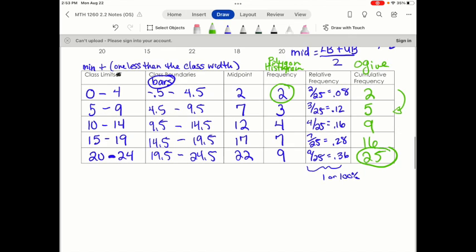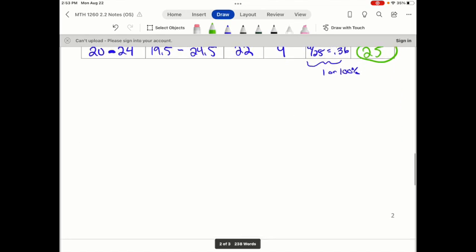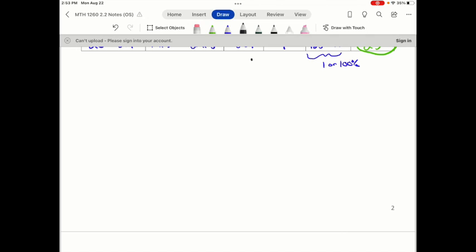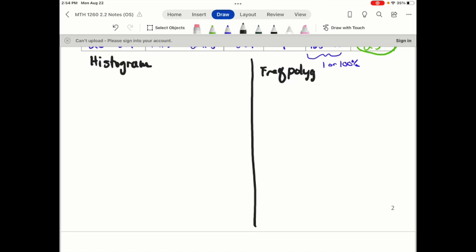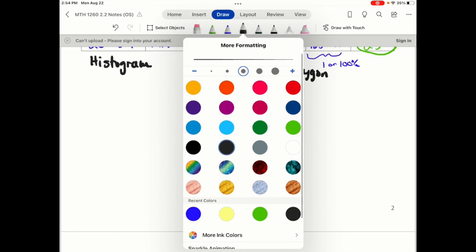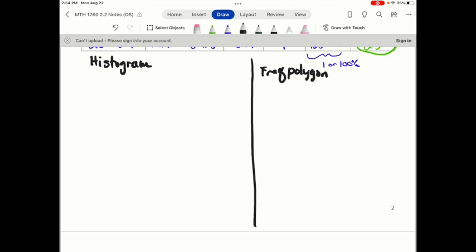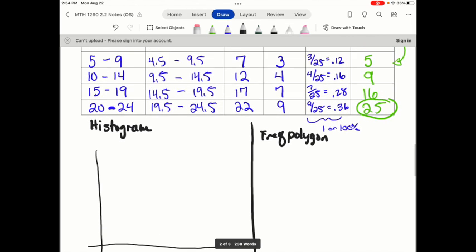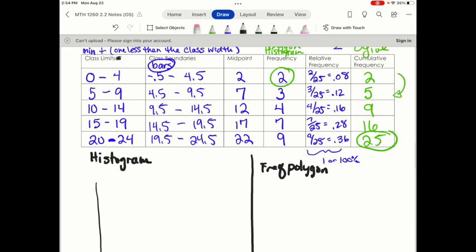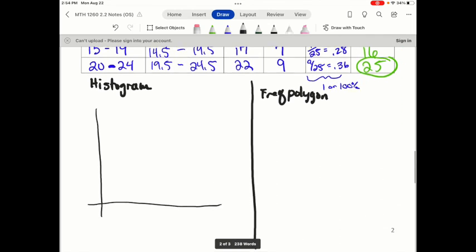Okay, so let's go ahead and draw our histogram and frequency polygon. I'm going to do my histogram here, and then my frequency polygon here. Okay, so for my histogram, I want to make sure that I'm using my boundaries to draw my bars, because remember, we don't want any spaces between the bars.